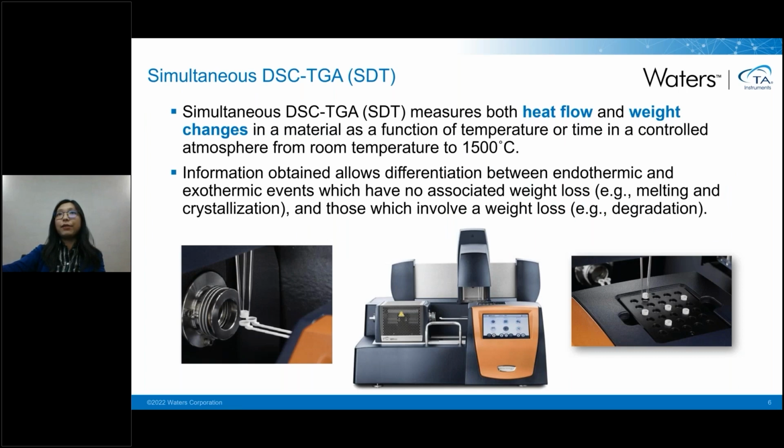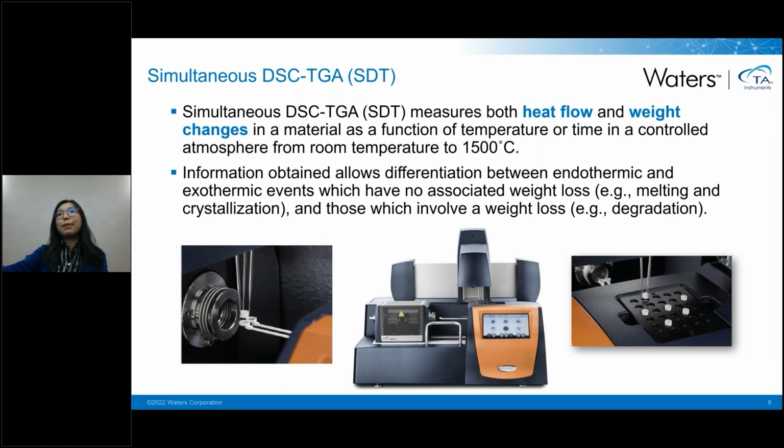SDT, to give you a little bit more background, is simultaneous DSC and TGA, measuring both heat flow and weight loss at the same time. It's able to measure temperature up to 1500 degrees C. It allows you to separate endothermic and exothermic events by different weight loss.